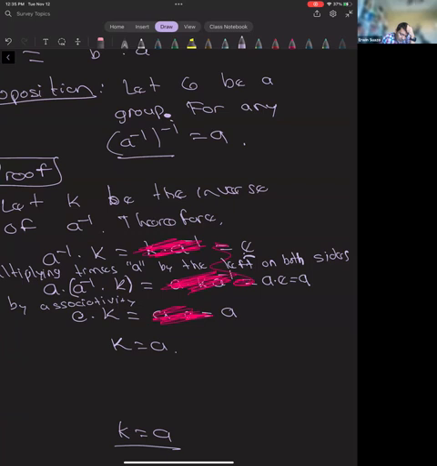By associativity, I can do A inverse K equals A E equals E. So I group these two together. But this is the identity. So this is E, K, and we get K equals E. Therefore, A equals A inverse inverse, as we want.